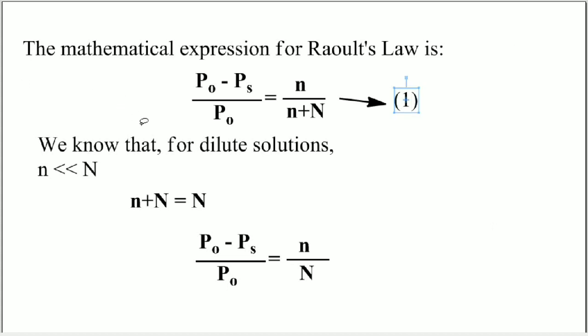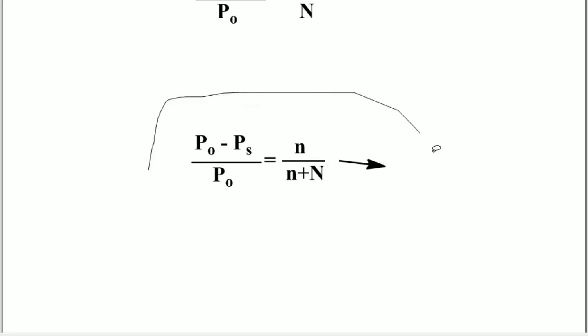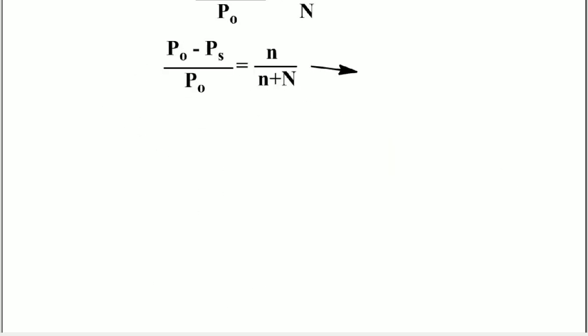Students, if you write equation 1 in a reverse manner, that is small n plus capital N by small n equals P naught by P naught minus PS.